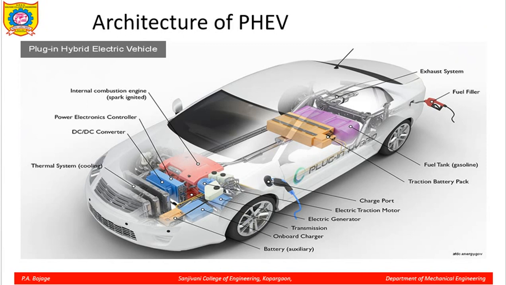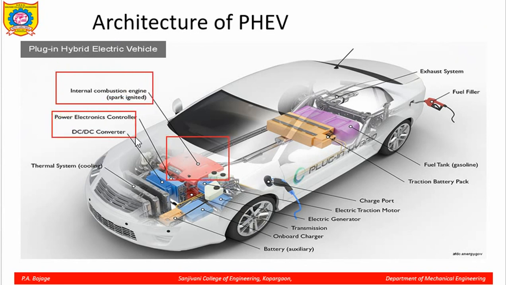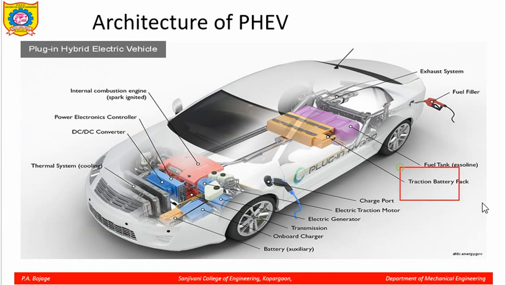So, you can see the architecture of a plug-in hybrid electric vehicle. An IC engine is present here, power controllers and DC converters, thermal radiators for cooling the batteries and other systems. Here is the battery pack, this is the fuel tank.